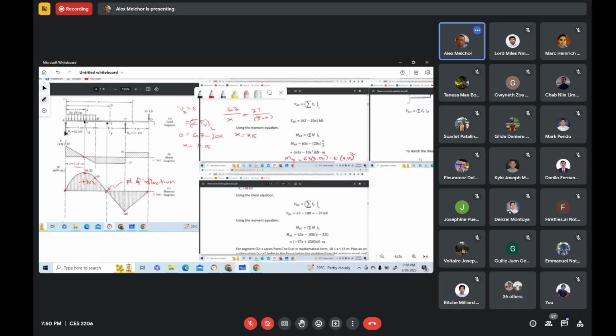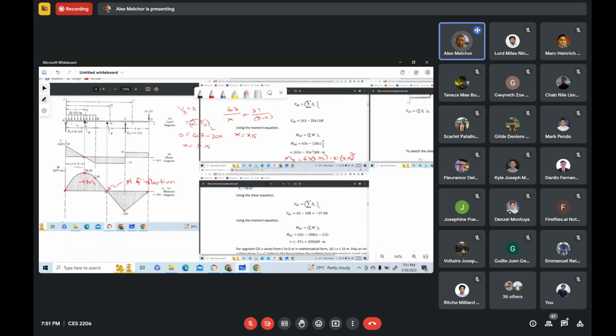Now, here we have a reaction. So there is a support here. And at C, we have also a reaction, so there is another support. So if we are going to draw the deflection of the beam, it will deflect like this.